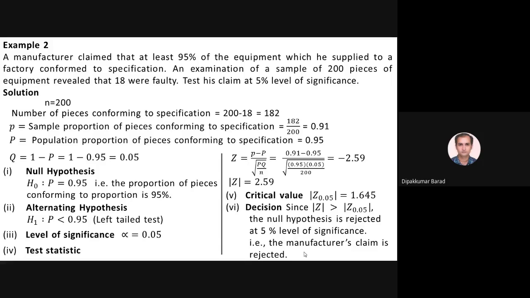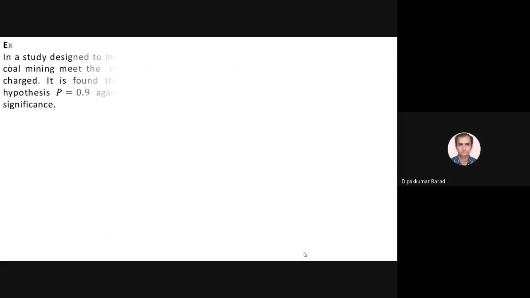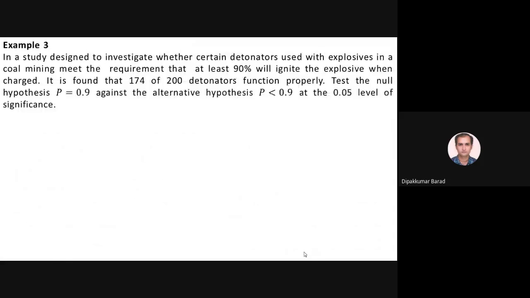Okay, so now we move to the next example. The second example: in a study designed to investigate whether certain detonators used with explosive in coal mining meet the requirement that at least 90% will ignite the explosive when charged.